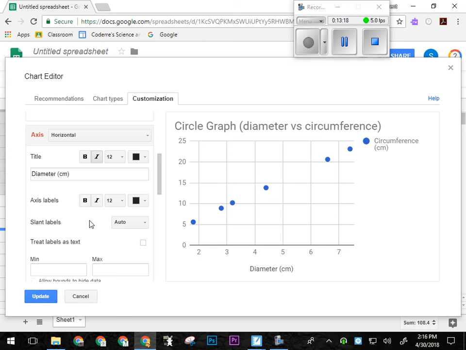If I click away from that, you can see that it adds it in down here. So I've labeled my x-axis with units. Then I'm going to do the same thing for the y-axis by clicking up here where it says horizontal. If I click on that, it allows me to change to the left vertical.